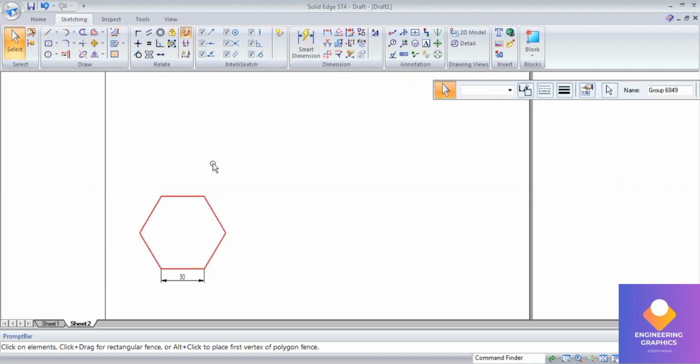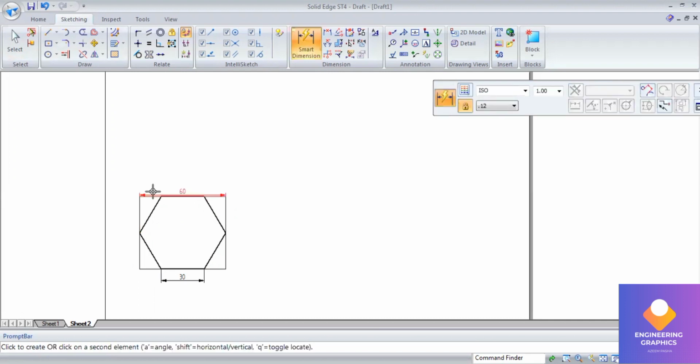Now using this box dimension, okay, we have constructed the box. I have to show the box dimensions.